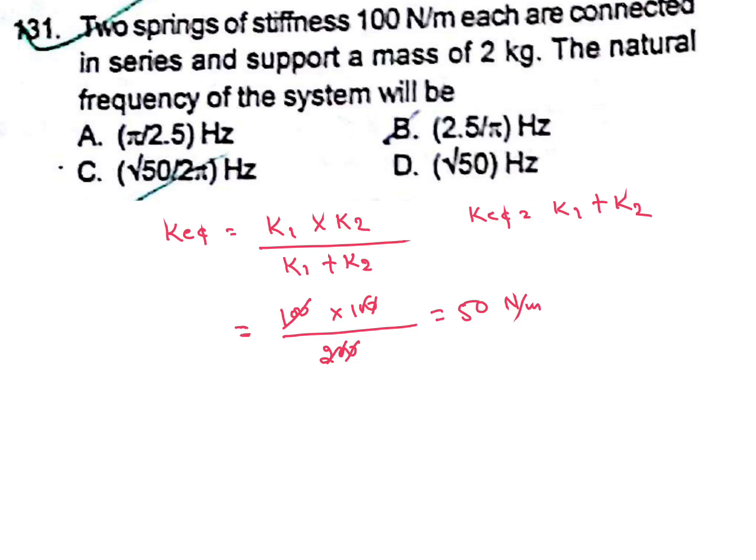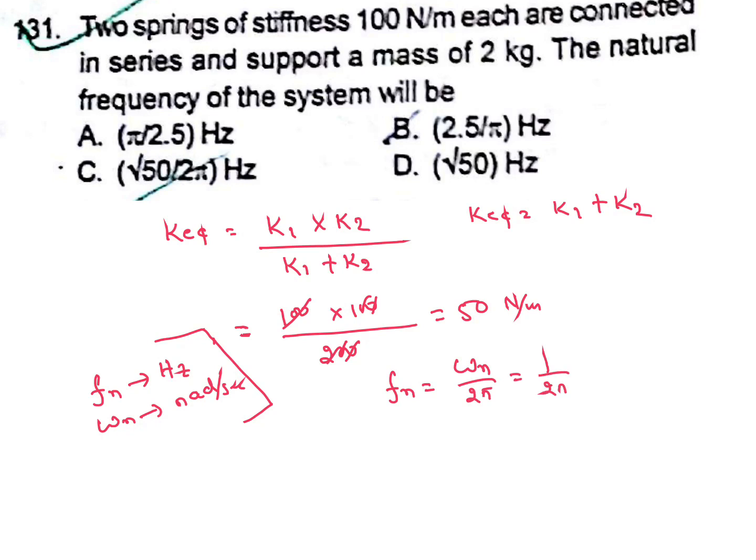We have to calculate the natural frequency of the system. We also have to check the unit, whether it is in hertz or radian per second. If it is hertz, then we have to calculate Fn, and if it is omega n, the unit is radian per second. In this question we have to calculate in hertz, so Fn equals omega n by 2 pi, or 1 by 2 pi root of K equivalent by m.